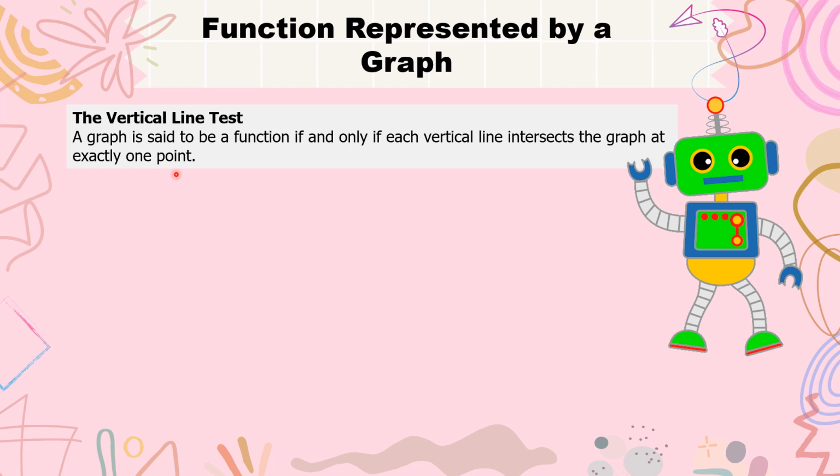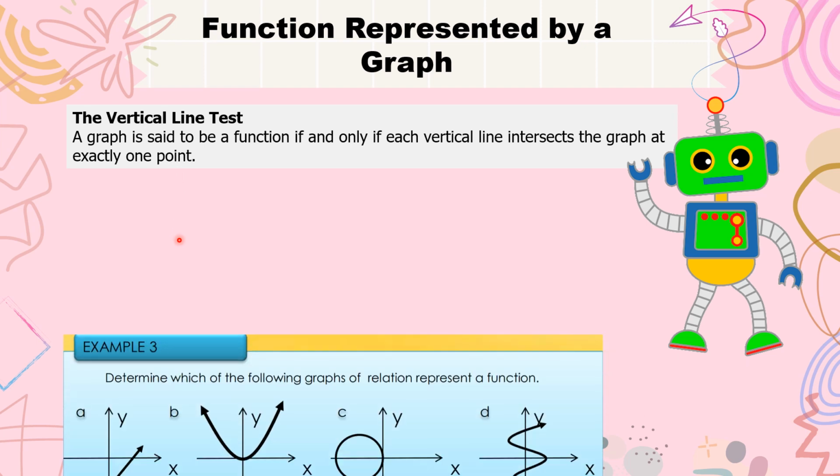Sa madaling salita, pag nag-drawing tayo ng vertical line dun sa ating graph at yung vertical line na yun ay masagi niya lang yung graph at exactly one point, it is a function. Pero pag 2 or more points na yung kanyang masagi, it is no longer a function.